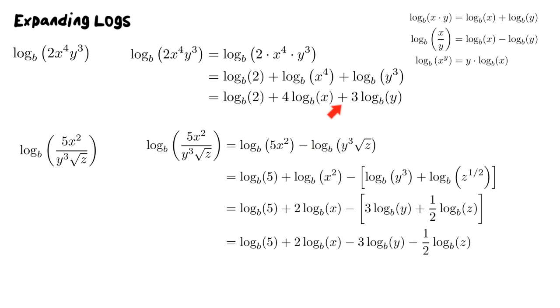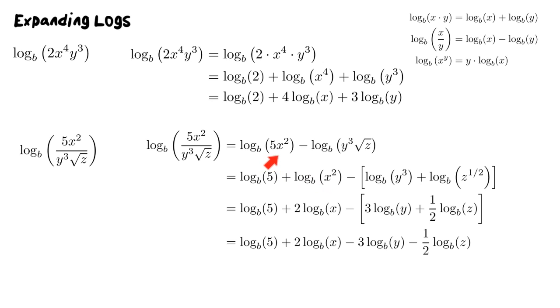Then I use the multiplication rule, which says when I take the log of a multiplication, that turns into the sum of the two logs. So for this first part, log of 5x squared, it's a multiplication, 5 times x squared. So I split it apart as a sum: log 5 plus log base b of x squared.